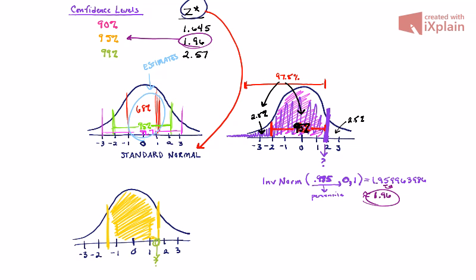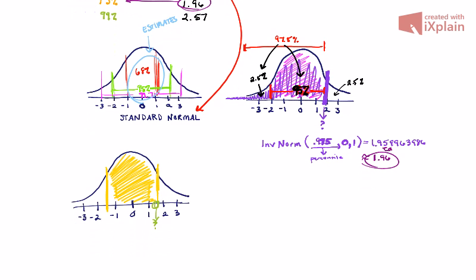Okay. Recall then that we will use the inverse norm here. And our percentile has to go all the way from the extreme left up to our stopping point.